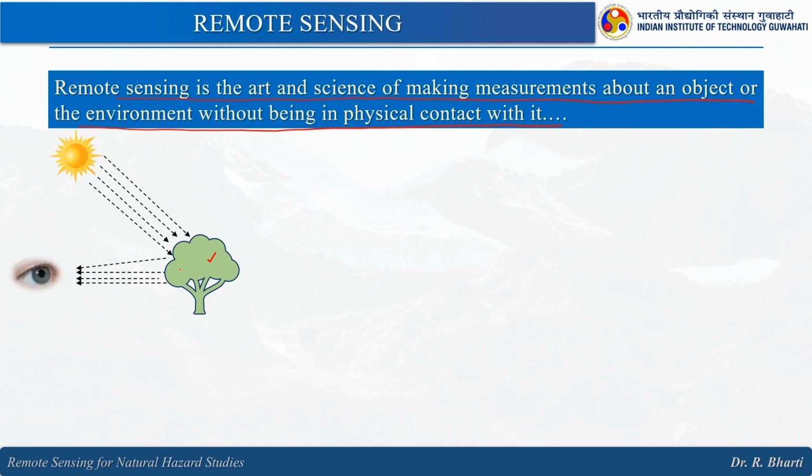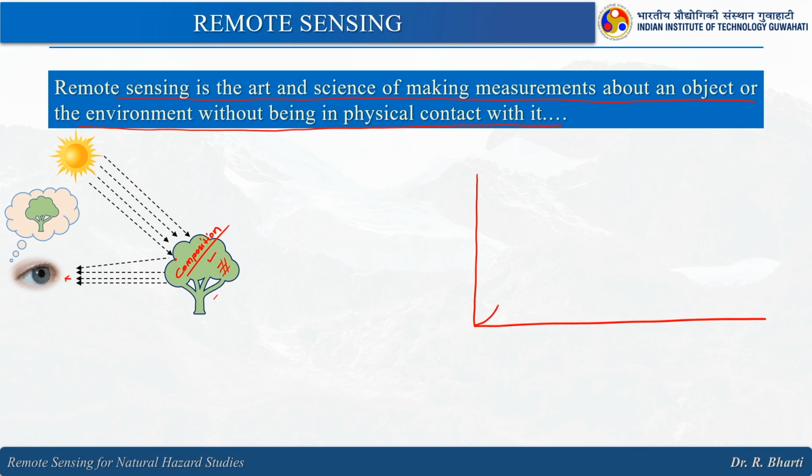Depending upon the composition, some of this light will be absorbed and some will be reflected. That is captured by our eyes, and then we visualize, and the color of this particular object appears green in the case of vegetation. I will show you one typical spectra of vegetation. This is the green color.